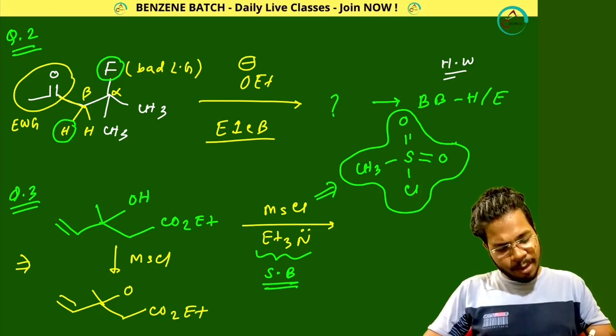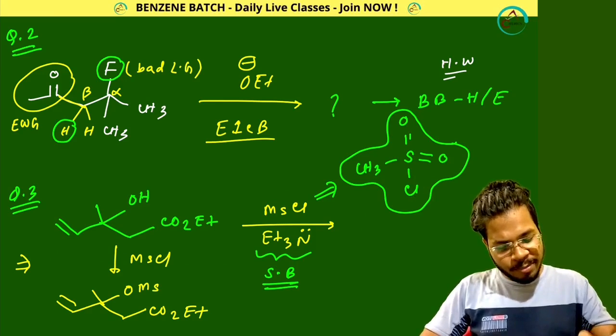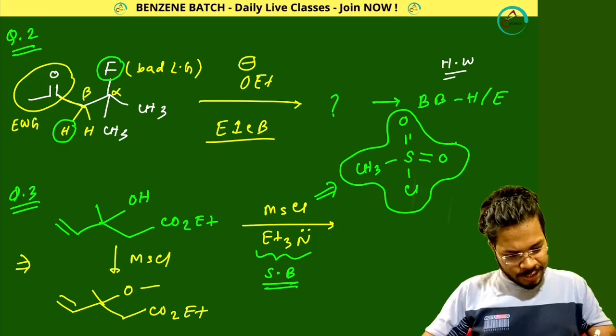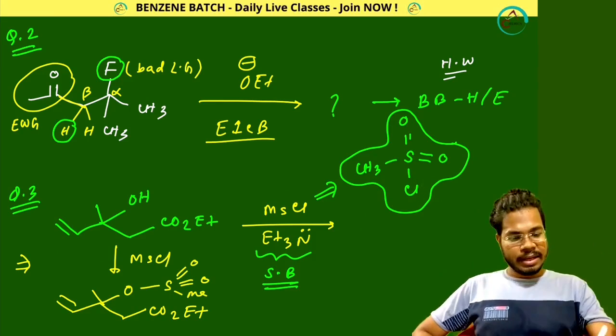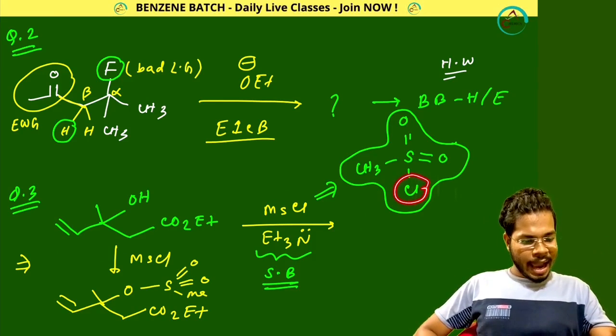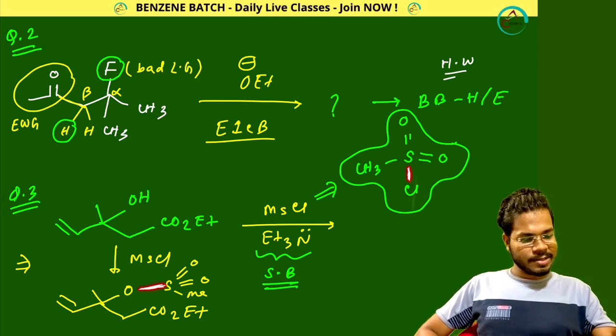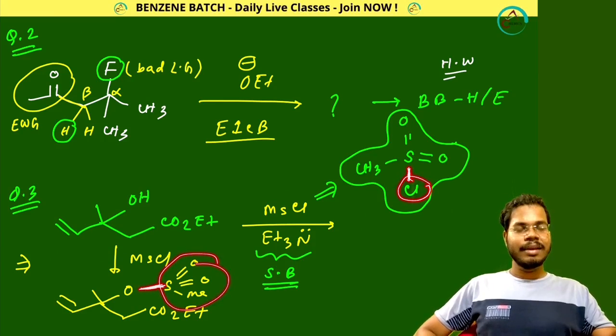This OH will become OMs. Let me write it now. It will connect to this S, double bond O and Me. The Cl will leave the system, and this bond is now there. I hope you got it. Cl will leave, so there is nothing more to do.